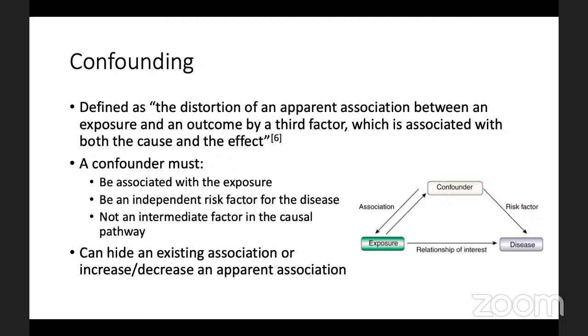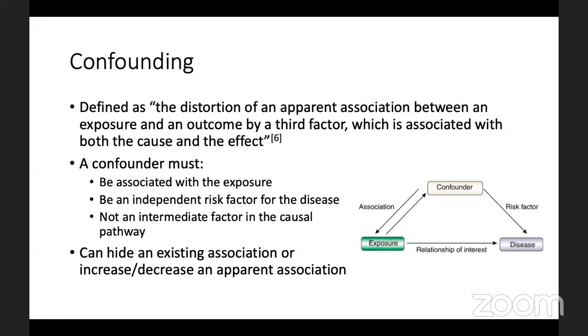Okay, another important concept in understanding internal validity is confounding. So this is defined as the distortion of an apparent association between an exposure and an outcome by a third variable, which is associated with both the cause and effect. So a confounder must have three requirements in order for it to actually be a confounder.